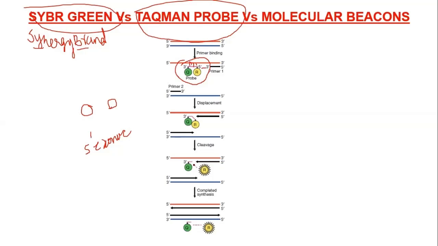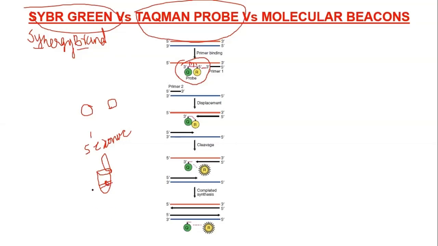So this is an important method, TaqMan probe, and this is more specific than your SYBR Green because SYBR Green binds to any double-stranded DNA present in the PCR tube. So in the PCR tube, whatever double-stranded DNA molecule is present, your SYBR Green will bind to it.